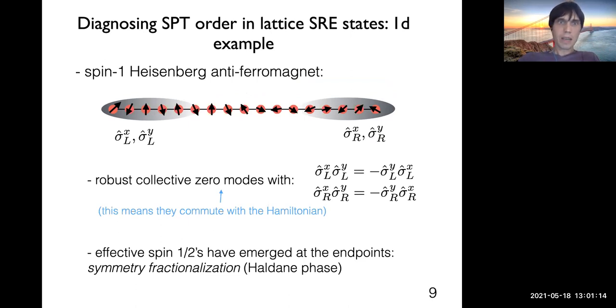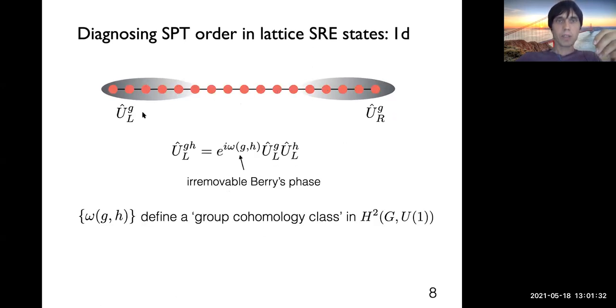Because I'm out of time, I don't want to go on. There's more I could say about this in higher dimensions, but let me just leave with the statement that this is the simplest way in which this effective boundary symmetry action can be used to classify phases.